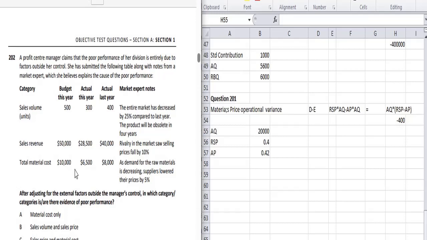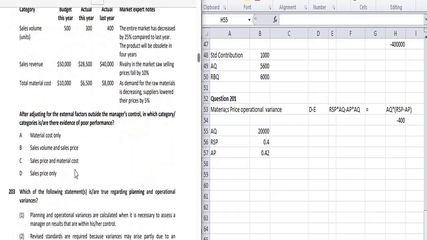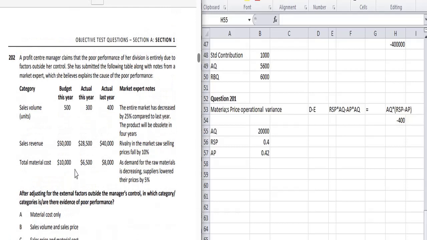Okay, so the next question asks, after adjusting for the external factors outside the manager's control, in which category is there evidence of poor performance? Basically we can solve this question just using a little bit of knowledge. We can't assess the performance of the manager on the basis of the planning variance, right?